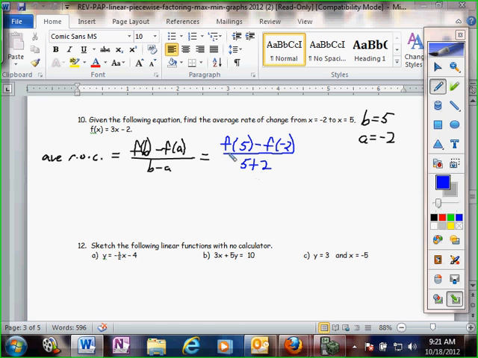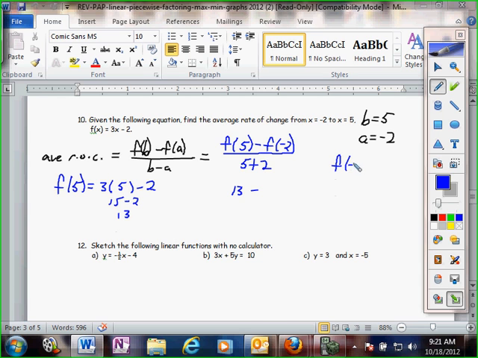Okay. F of 5, that's going to be 3 times 5 minus 2. See, f of 5 is equal to 3 times x minus 2. Another review here. Plug the 5 in. 3 times 5 is 15. Then minus 2 is 13. So f of 5 is 13 minus f of negative 2.